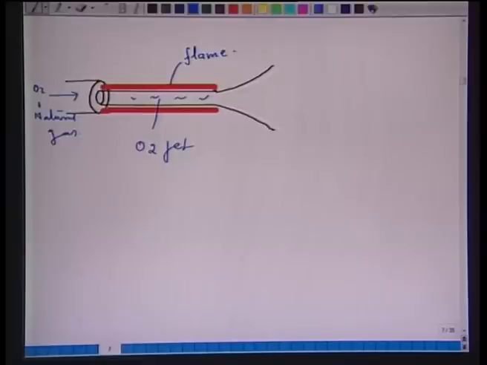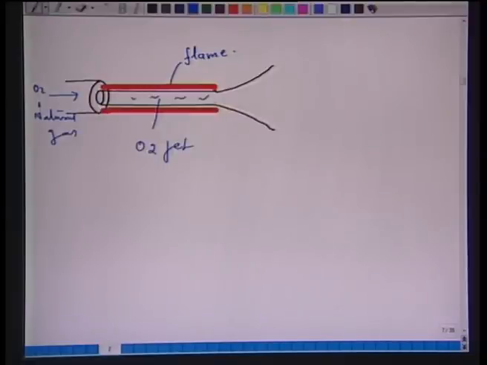So, if this oxygen jet is surrounded by a flame, the density of the surrounding is very low. So, you see the length of potential core, not the supersonic core, is very large as compared to the other two previous cases. Since the length of the potential core is large, then the length of supersonic core will also be large.